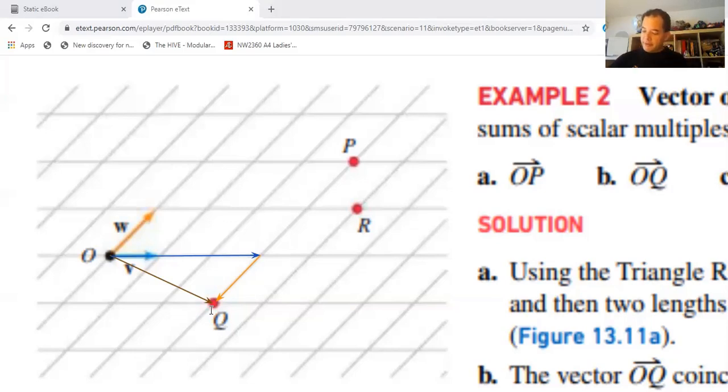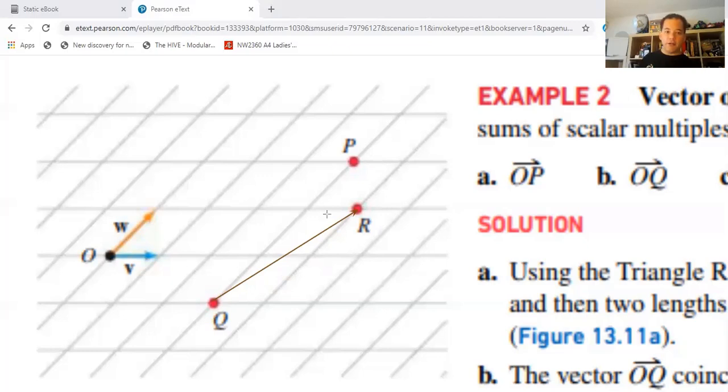Okay, last in this example is if we can do QR. So QR seems a bit more complicated. Let's erase everything that we had. So now we want to do QR. So QR is this one from here to here, right? And now again, the idea is how can we represent QR? Well, starting from Q, we go 1 times V, right?